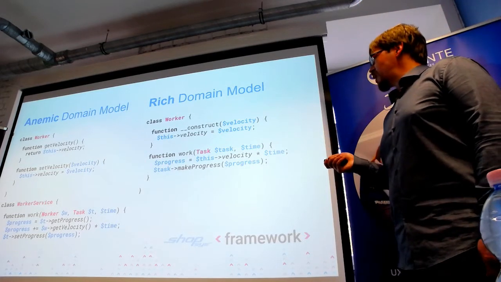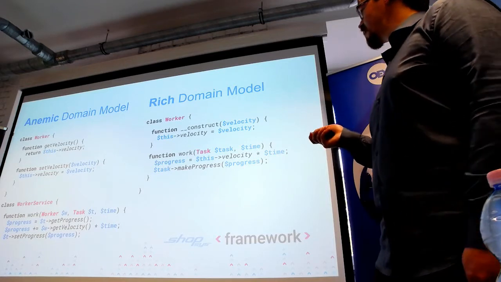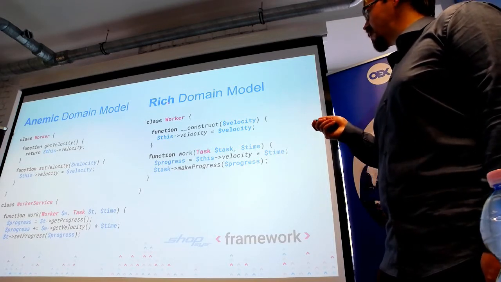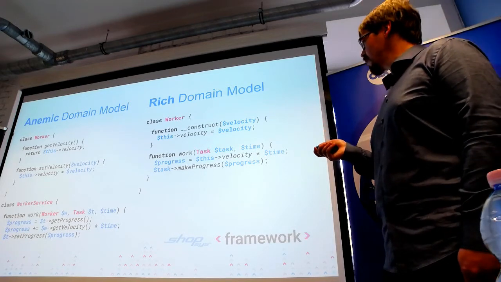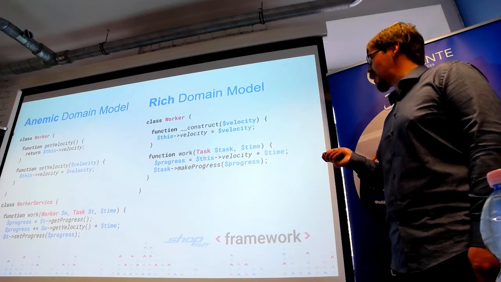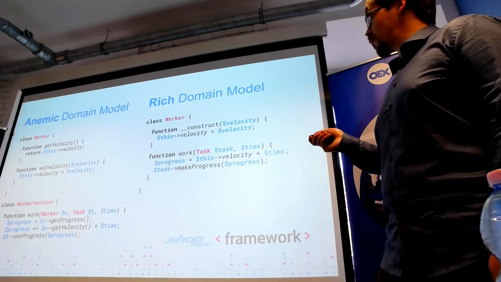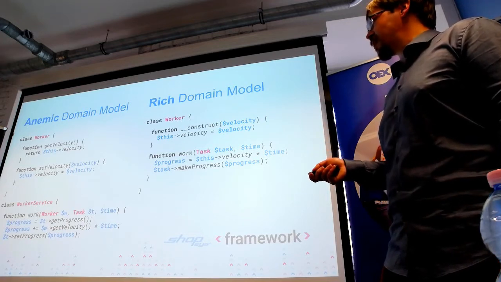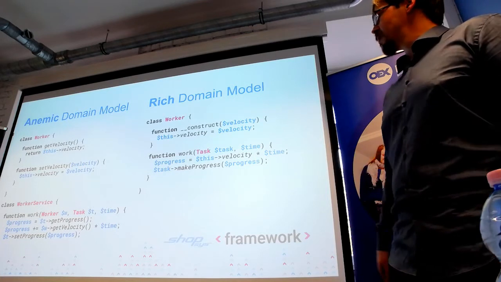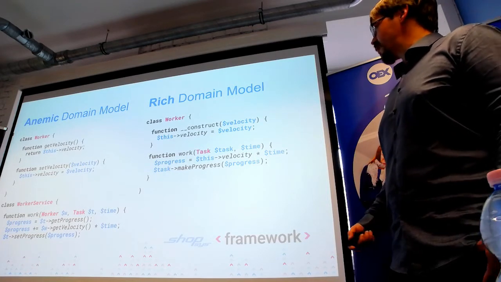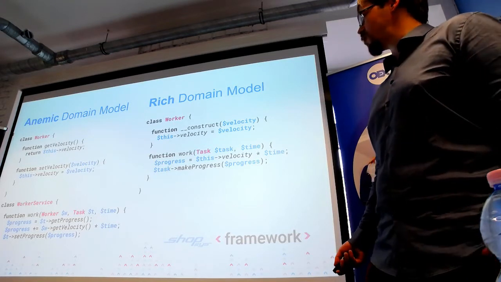This allows us to keep the logic of the working, how the progress is made, directly in the class Worker, so it's encapsulated. We can see here that the task itself also follows these rules. So instead of getProgress and setProgress, we have here a method makeProgress, which really restricts us in the way we interact with those objects.